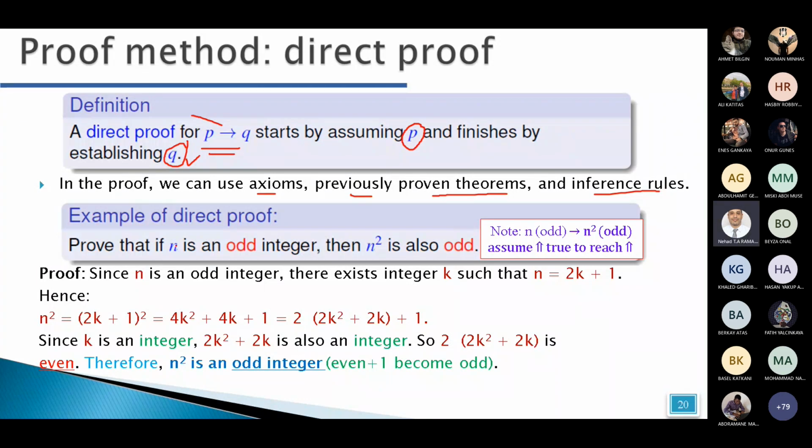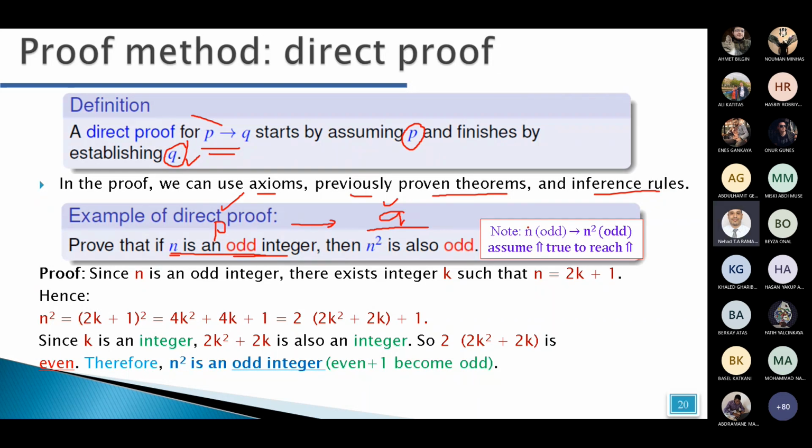This example says: prove that if n is an odd integer, so this is P, n is an odd integer, then n to the power 2 is also an odd integer, so this is Q. We need to start from P and get to Q. Okay, so this is the way.